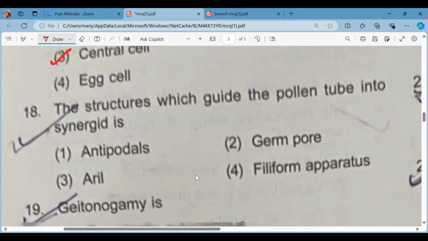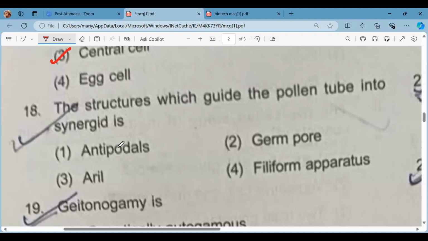Now, the structures which guide the pollen tube into the synergid. You remember those structures responsible for guiding it? Filiform apparatus. Correct, filiform apparatus.